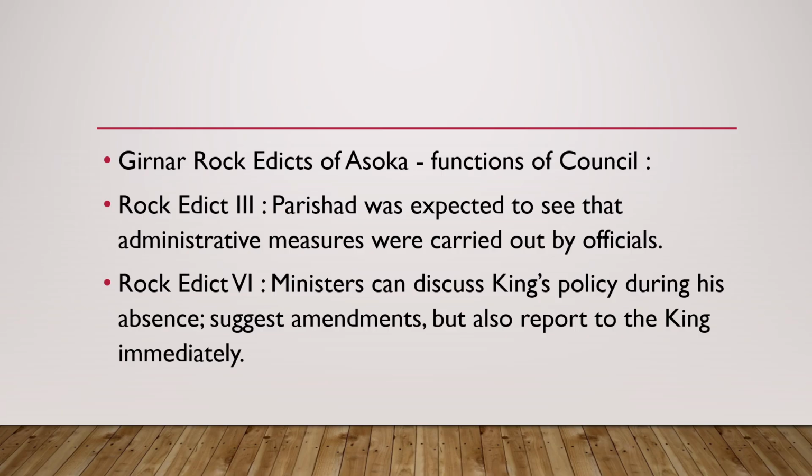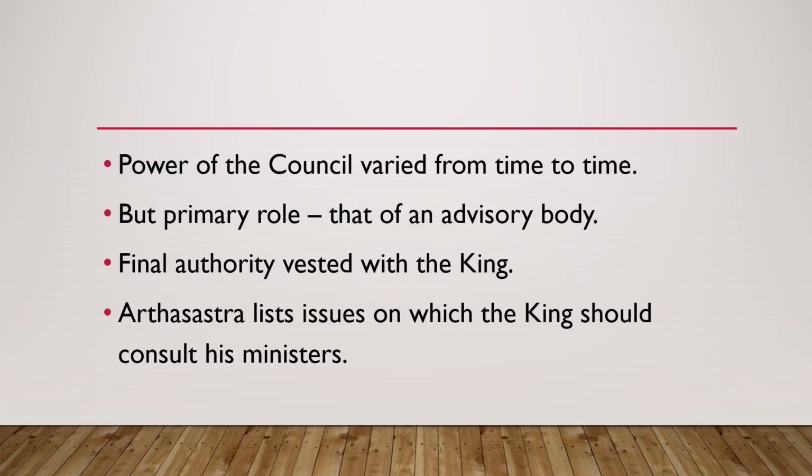Yet the council had to report its opinion to the king immediately. Now, the power of the council might have varied from time to time, yet its primary role remained that of an advisory body, and this was because the final authority vested with the king.